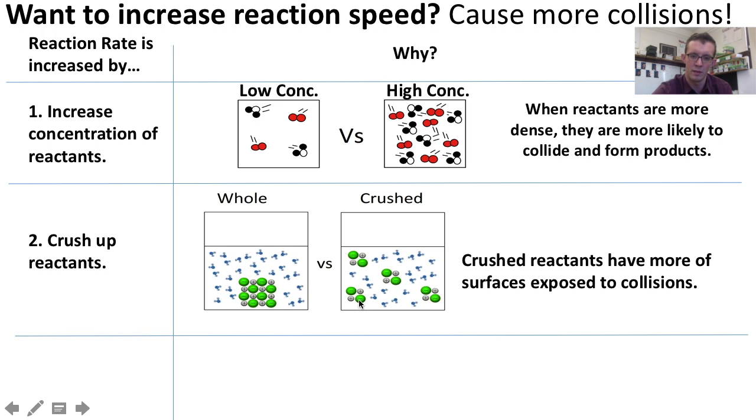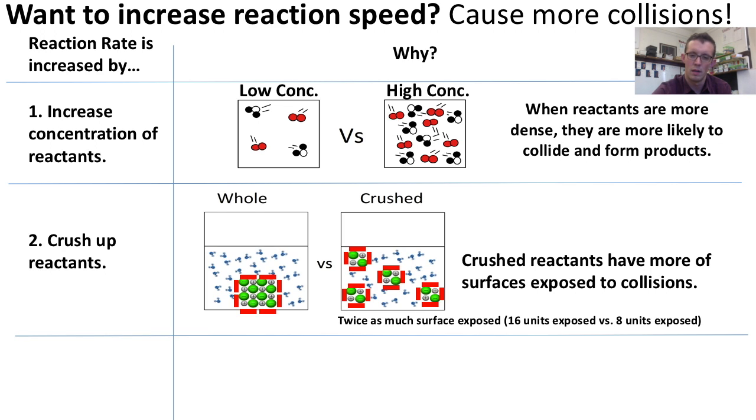We've got this whole particle that if we were to count the amount of surface areas exposed, you can see we'd have approximately 8 units of surface area exposed to collisions, where when we take these same particles and crush them up, we now have twice as much surface area exposed. Which means these reactants can react and collide a lot easier.